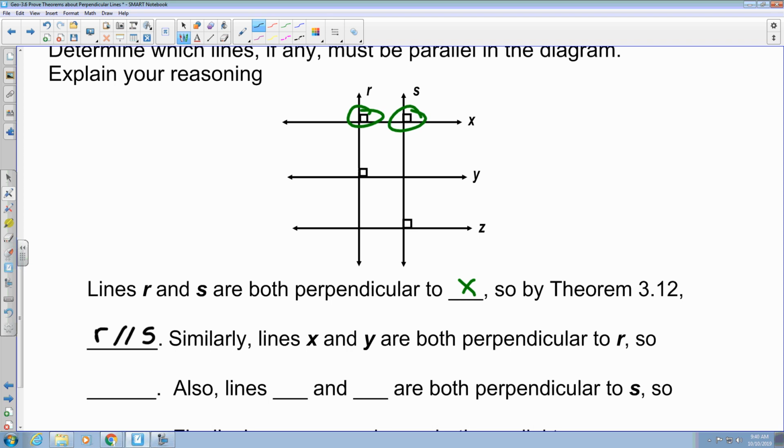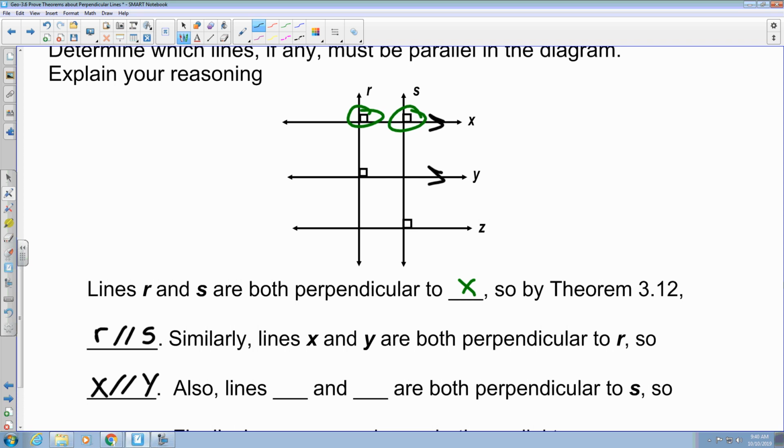Similarly, lines X and Y are both perpendicular to R. So now we can say that X is parallel to Y. So I go here and go here.